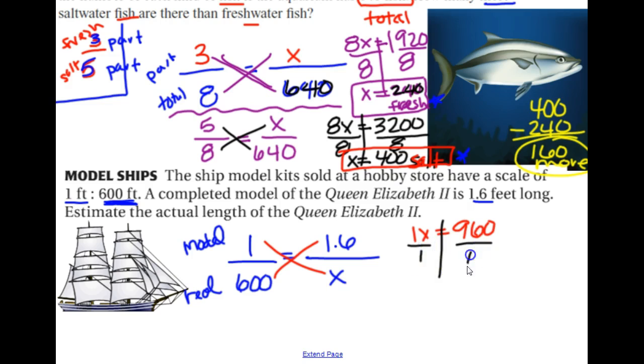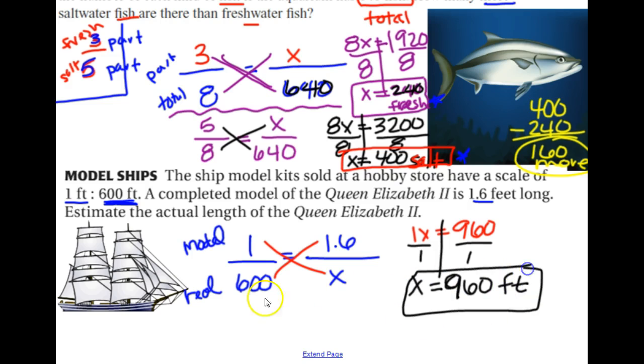If I divide by 1, we still get 960. We were talking about feet. That means this boat in real life from here to here would be 960 feet long. It's a really big boat.